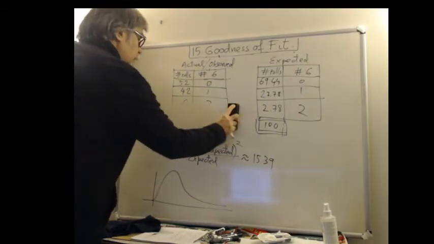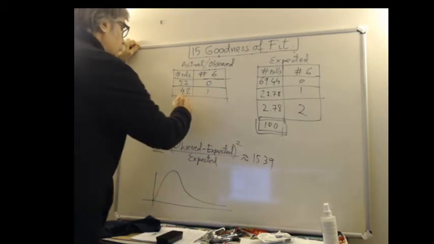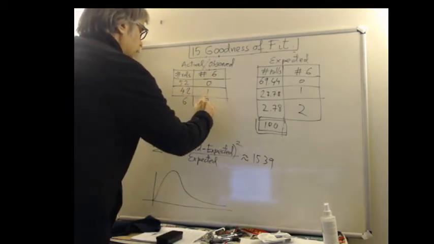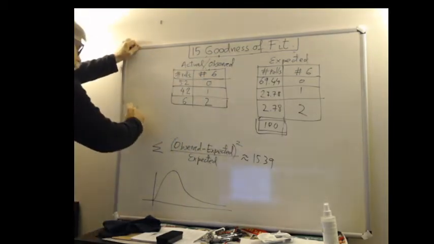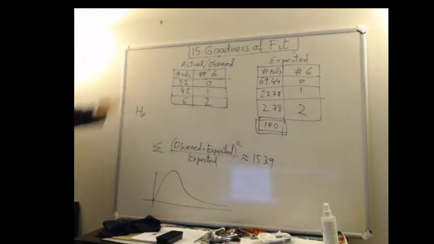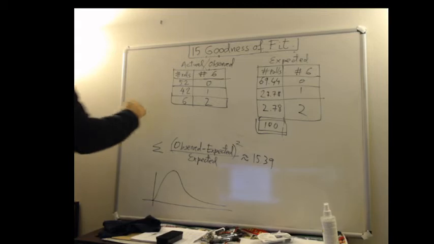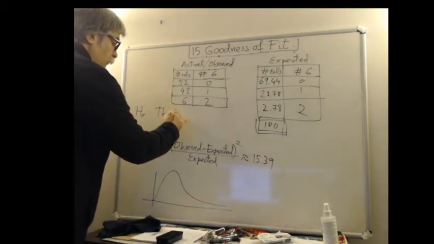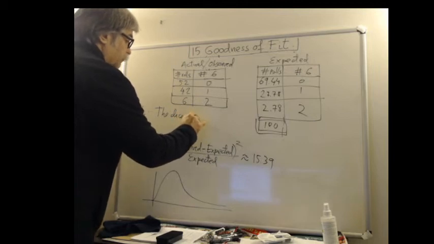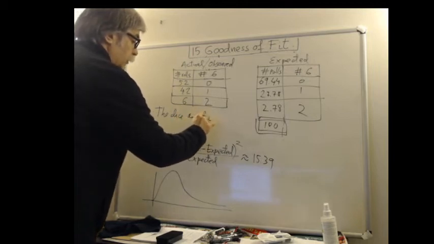I'm going to have to pull this a little bit off so I can write. We have the H0 hypothesis. Now this is a verbal hypothesis. We don't have any numbers here to talk about. In our story, the dice are fair. There's no cheating in the game.